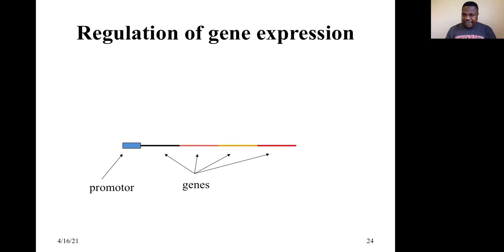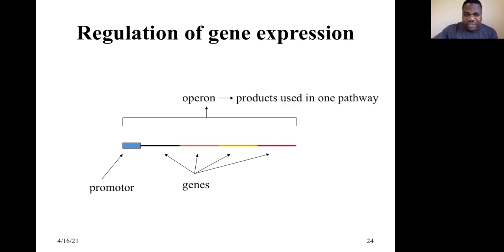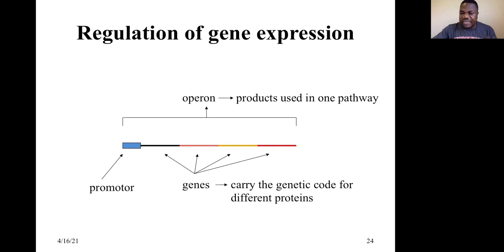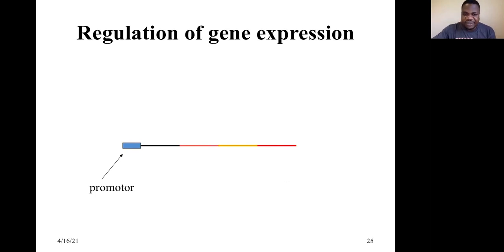There is nothing, no expression, because you need something for an expression to happen. The entire thing is called an operon. An operon is made of a promoter with different genes. So what happens then? The genes carry the different information about the genetic code of different things.